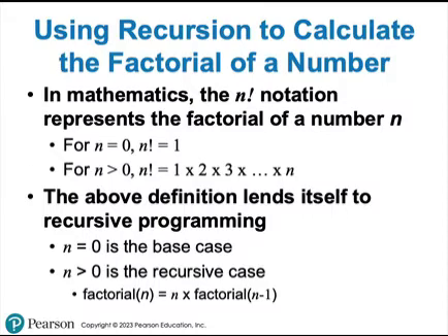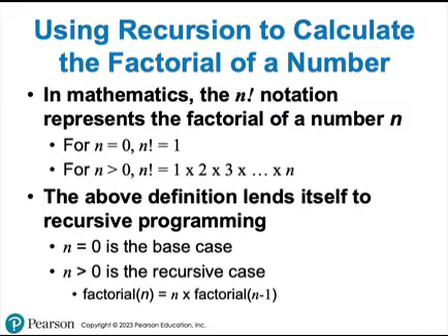So the classic first example of recursion is calculating the factorial of a number. The factorial notation is written as a numeric value with an exclamation point after it. Basically what it means is you take that number, so if that number is 5, you multiply it by successively subtracting 1 until you get to the value 1.